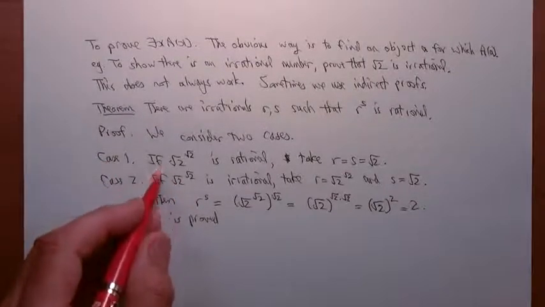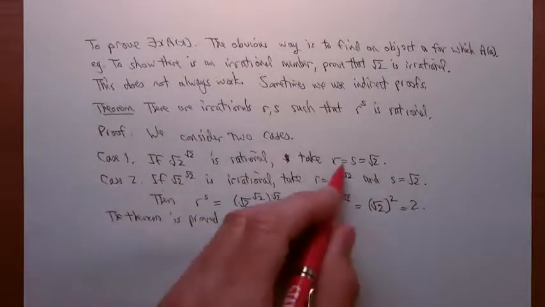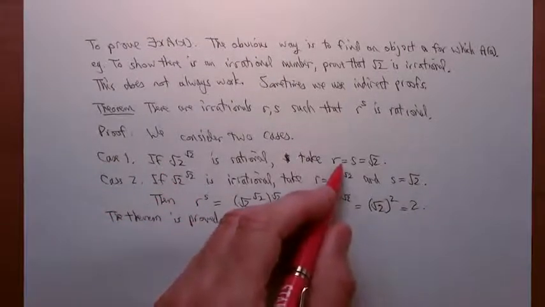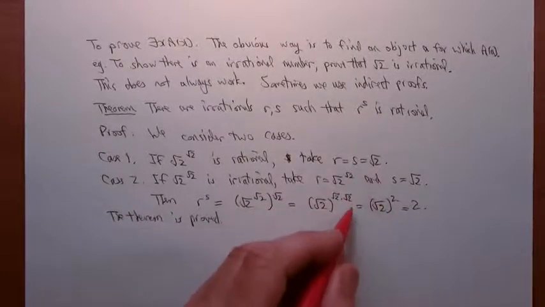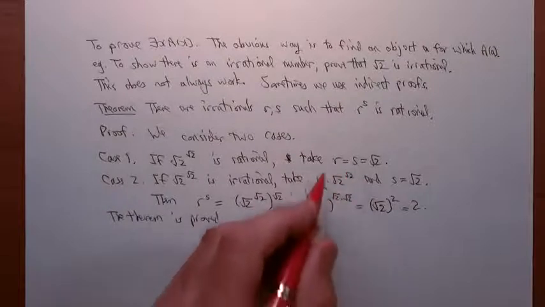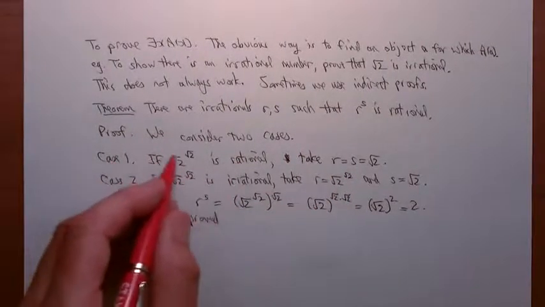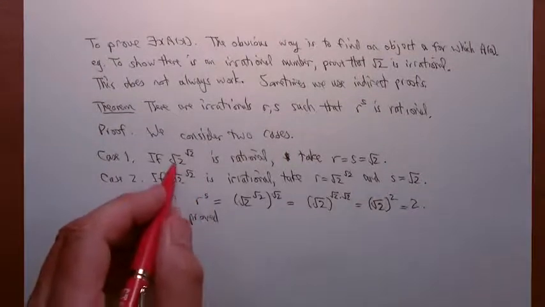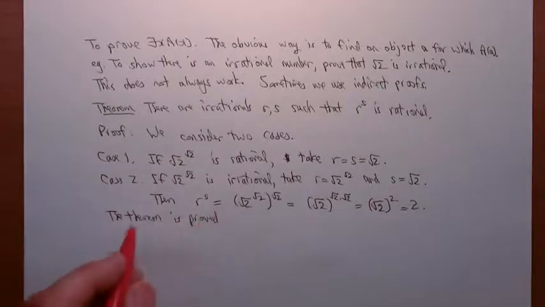We simply look at the two alternatives, and depending on which alternative we're in, we take different irrationals r and s, with r to the s being rational. So the choices of r and s are different in the two cases, but because these two cases exhaust all possibilities, this number is after all either rational or irrational, then this proves the result.